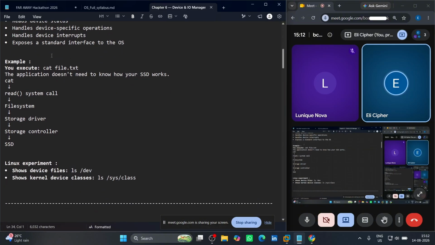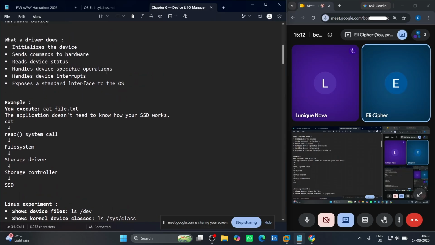Just like in Python we need interpreters, for example, the machine cannot understand our directly written code in C, so it is converted into binary.